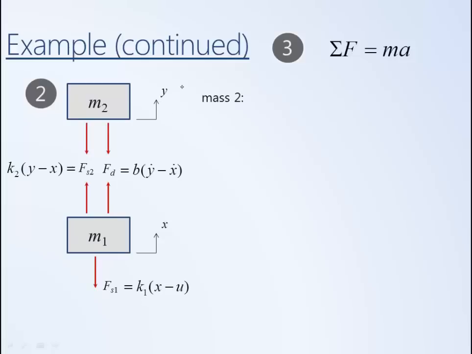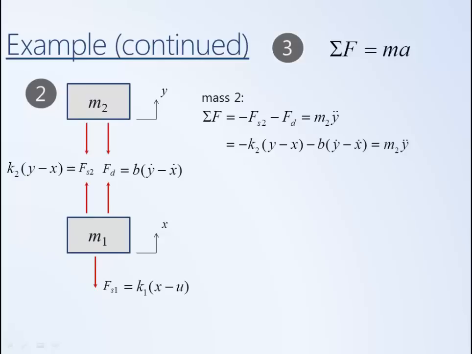So if y is its displacement, then its velocity will be y dot, the derivative of its displacement, and its acceleration will be y double dot, the derivative of its velocity. So there's an application of Newton's second law to the second mass. We can then substitute in for the two forces the expressions that we show in the free body diagram. And that, in essence, is what we call the governing equation, or the equation of motion for mass 2.